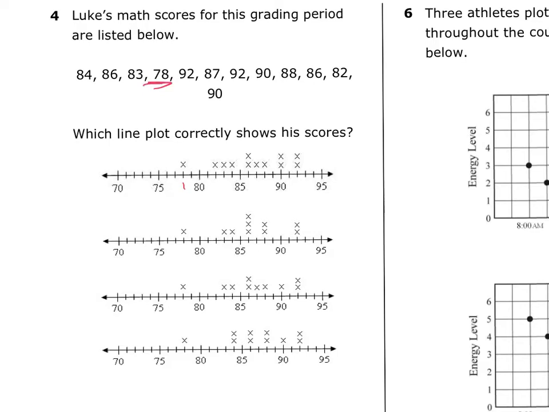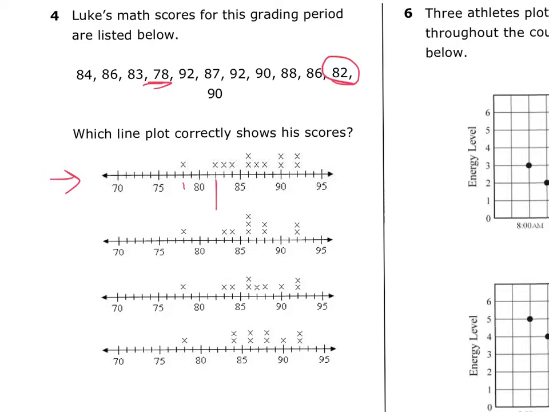Alright. Well, each one of them has a 78, so that doesn't really help us very much. But what's the next number on this first graph up here? 80, 81, 82. Alright? So 82. Now, we can see there's an 82 right here. Right? Does everybody see that?